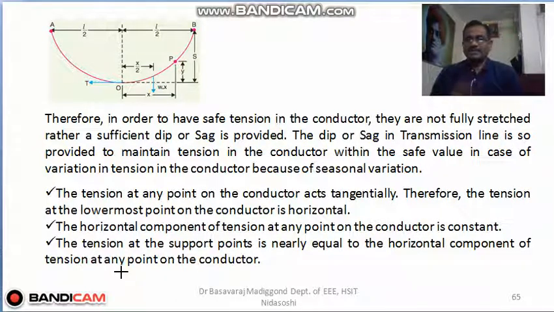One is that the tension at any point on the conductor acts tangentially. Therefore, the tension at the lowest point on the conductor is horizontal. This is the tension. I'll show you this. See, this is the tension, and this is at any point on the conductor.